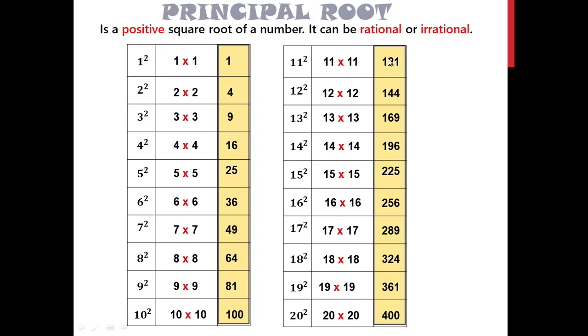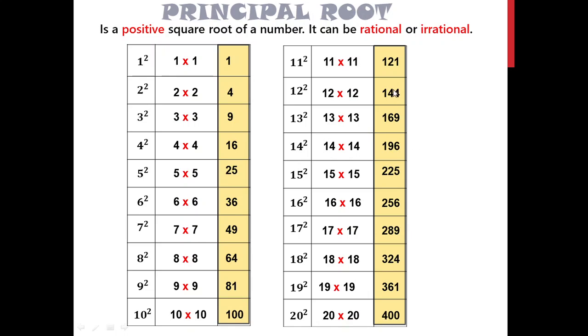So if you find the square root of 121, then the answer is 11. If you ask for the square root of 256, the answer is 16. If you ask for the square root of 49, then the answer is 7. Or the principal root of 49 is 7. The principal root of 324 is 18.